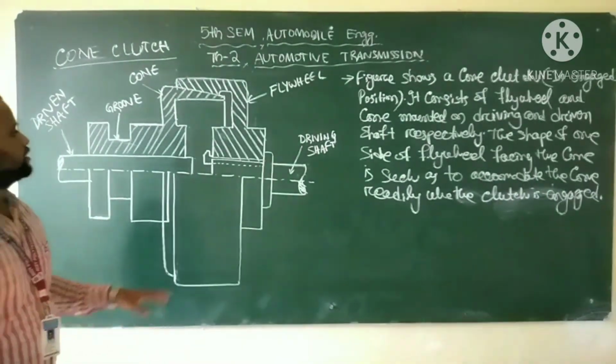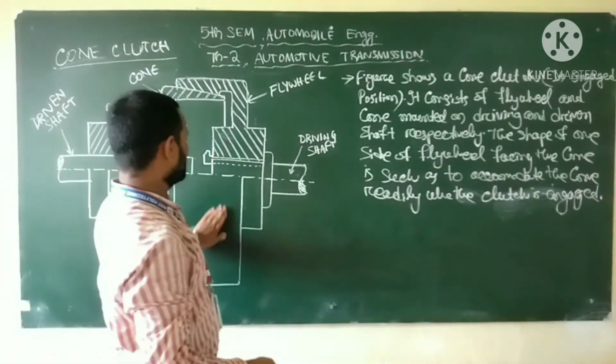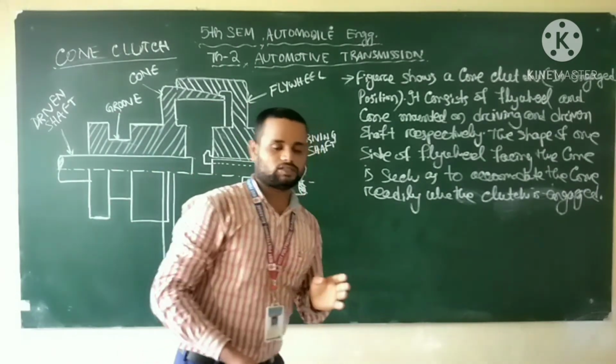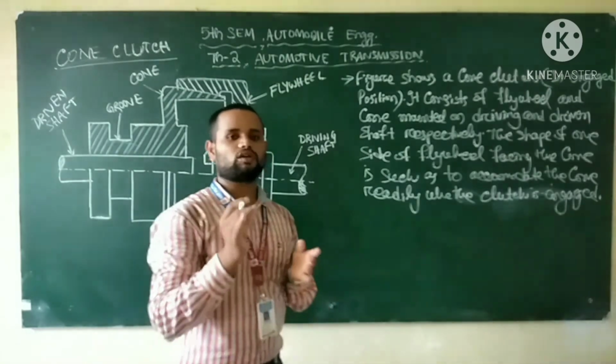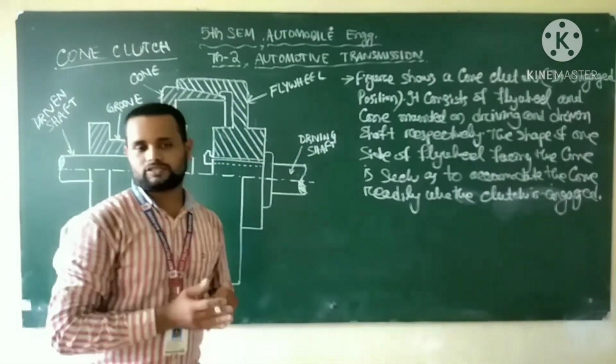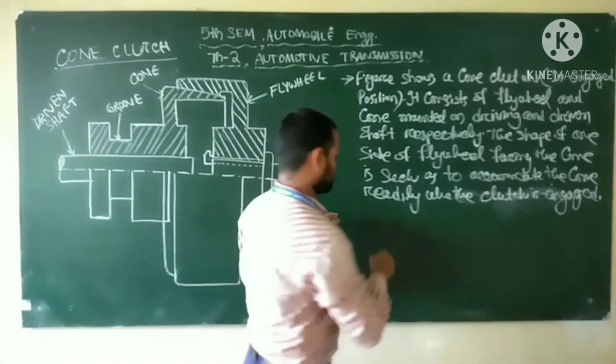Next, the friction surface of the clutch plate is lined with friction material such as asbestos and leather.